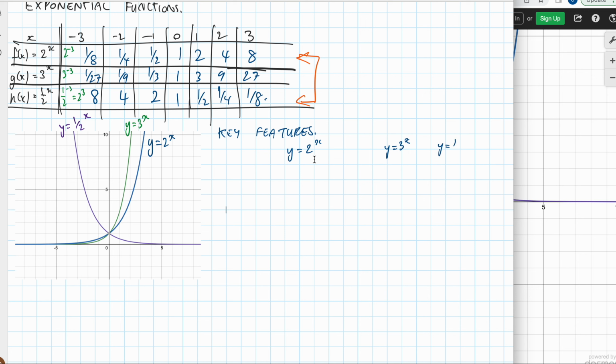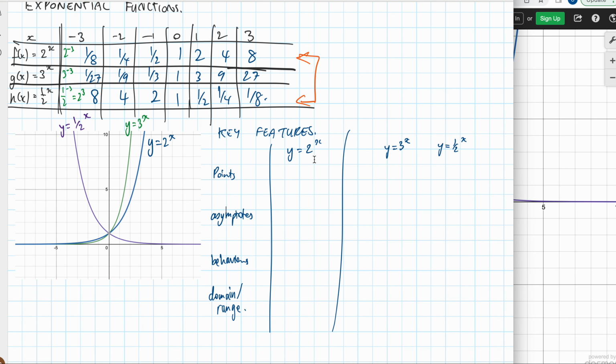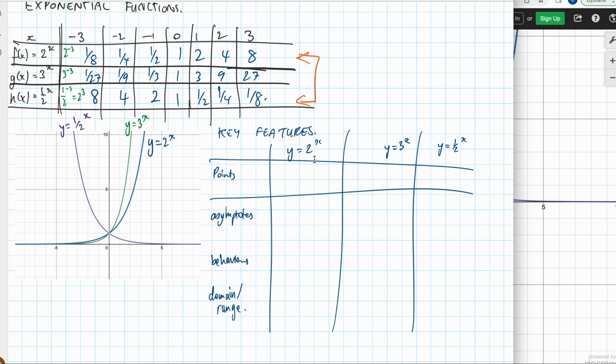And then we can talk about maybe points, asymptotes, behaviors, and domain and range. Okay, I'm going to make a table out of this. Here we go. So let's go y is equal to 2 to the x.